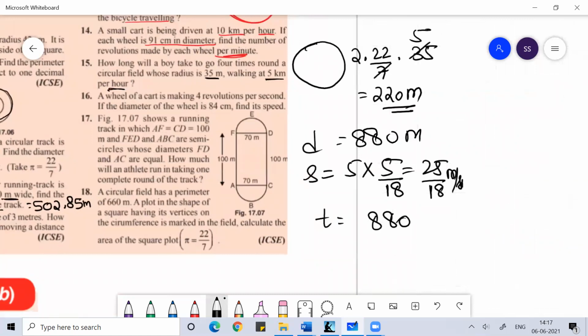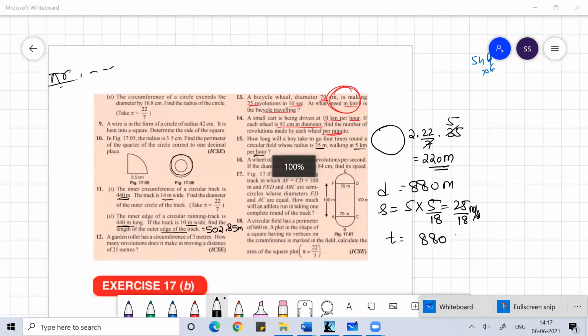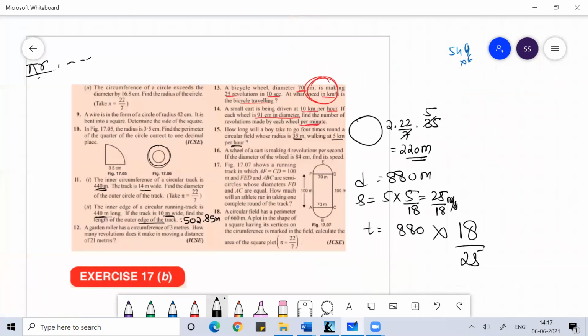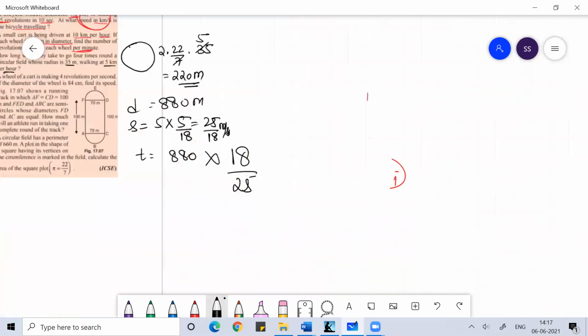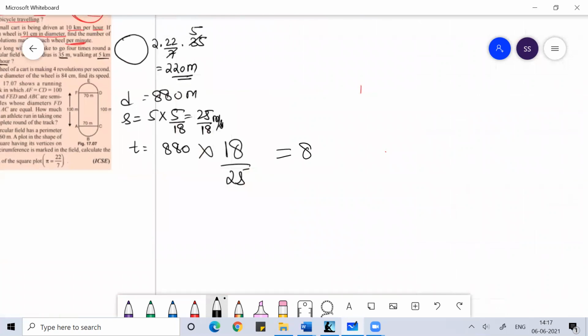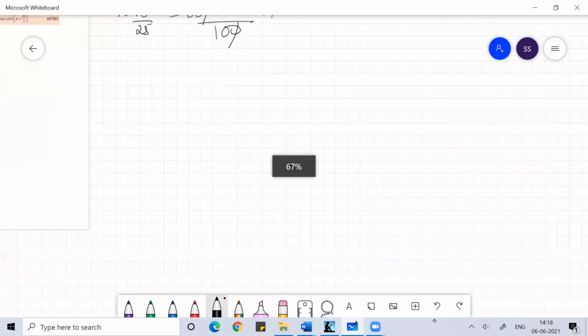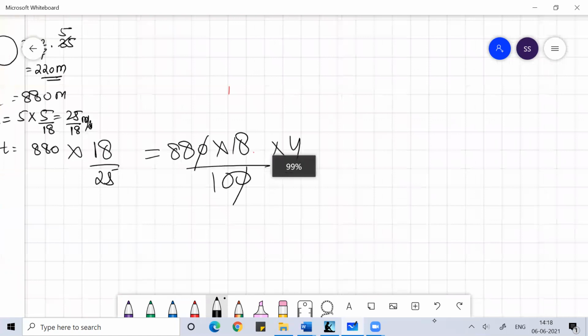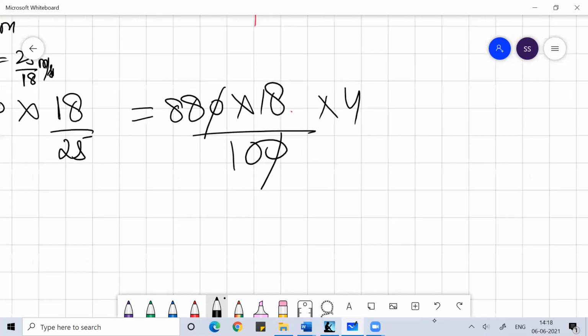Great. So far, 880 into 18 by 25. You can write this 25 as 100 by 4. So it becomes 88 into 72 divided by 10.